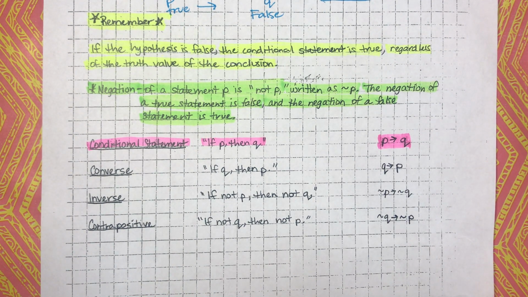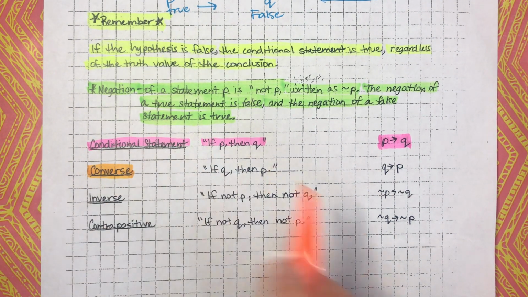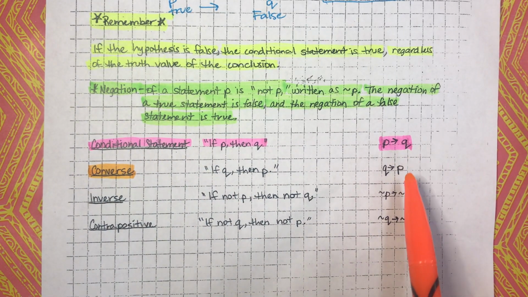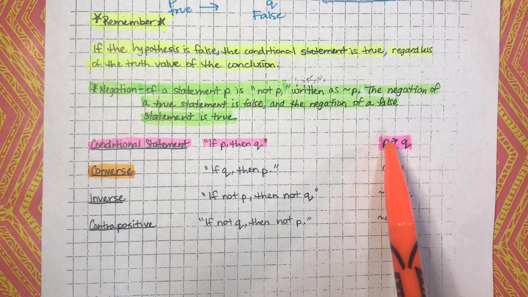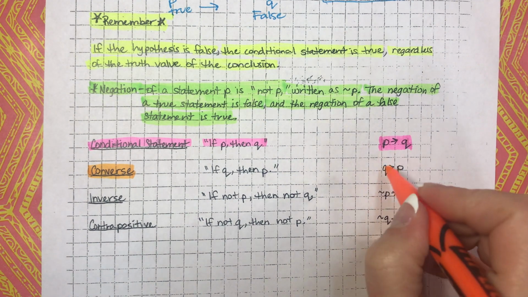The next is the converse. I really like looking at the symbols because it's just easy to tell. The conditional statement is P to Q, but the converse is Q to P. They flip the order.